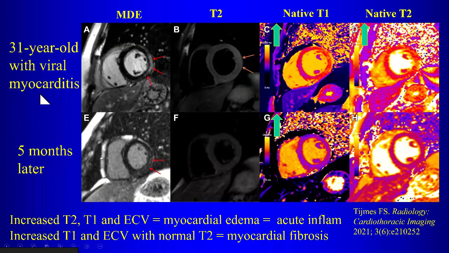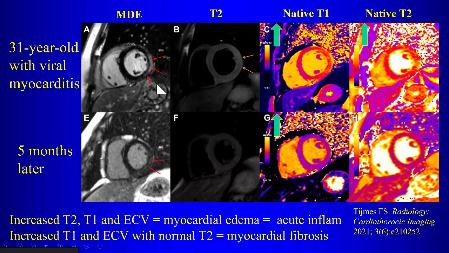Here's another example, a 31-year-old with viral myocarditis. We can see some edema on the T2 weighted images, and abnormal enhancement. The native T1 time will be increased, so there are some areas of abnormal T1 times, and the same thing with the native T2 times.